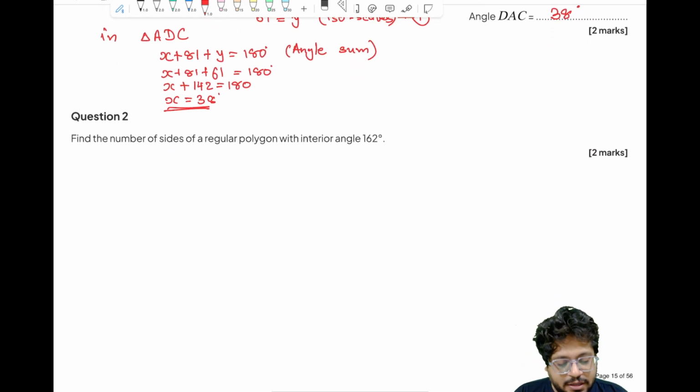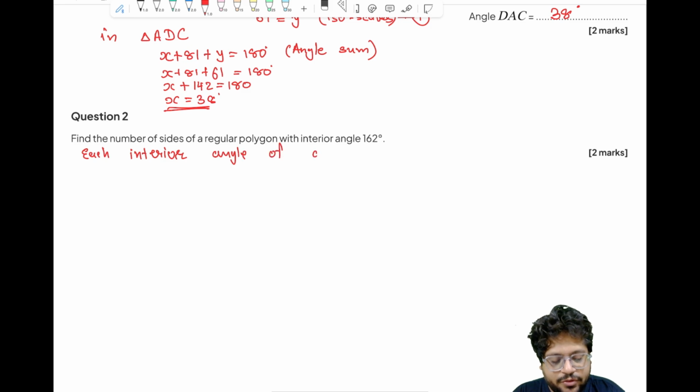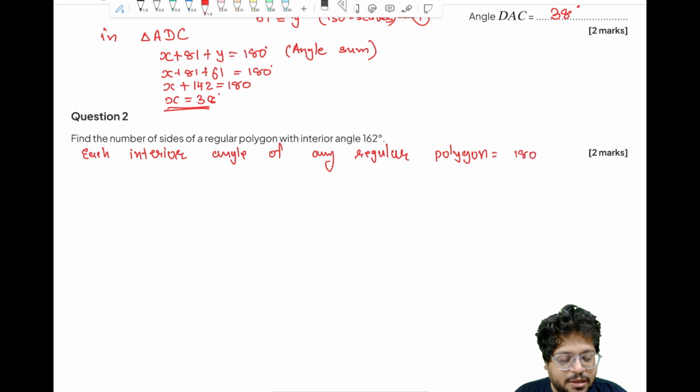Second question: find the number of sides of a regular polygon with interior angle 162. We have this formula: because in a regular polygon each interior angle is equal, each interior angle of any regular polygon is 180 minus 360 upon n.